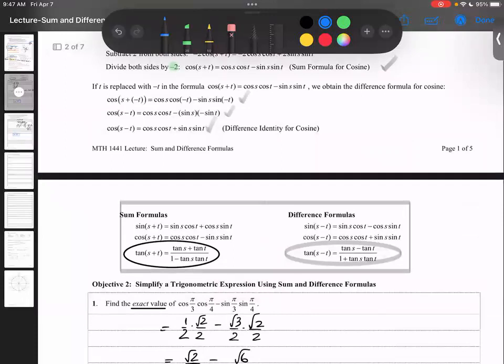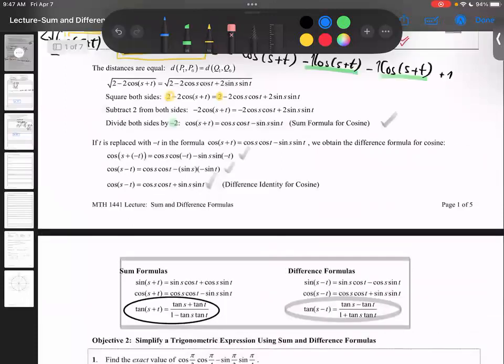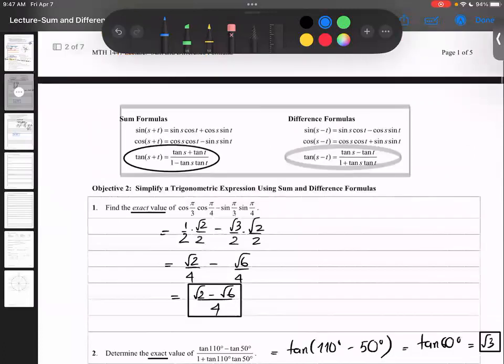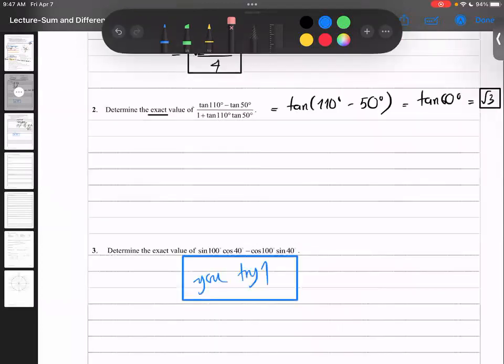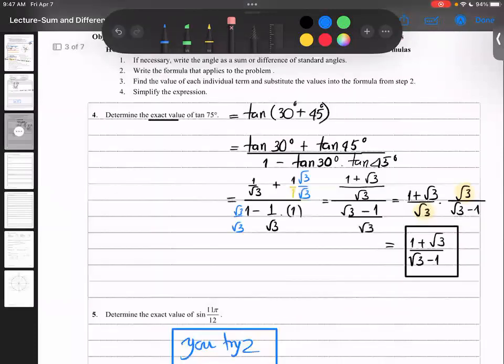For those of you who missed that part, it's okay. It's not going to be on the exam. All the formulas will be given. For the second objective, we convert something that we can't find on the unit circle to something that we can find on the unit circle. Right?